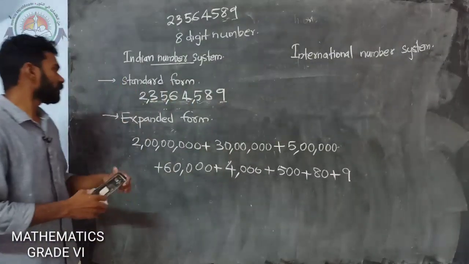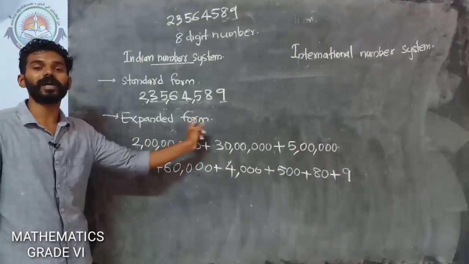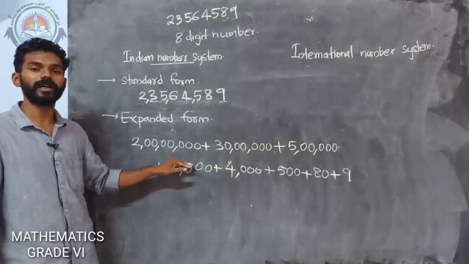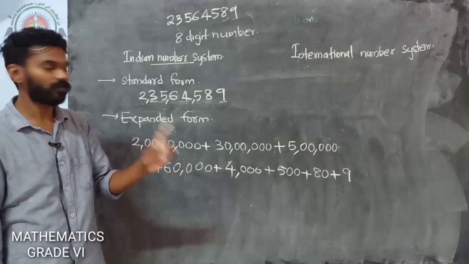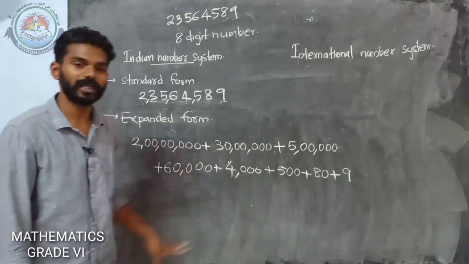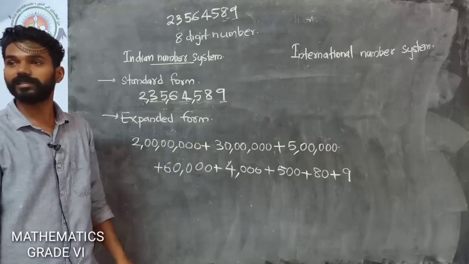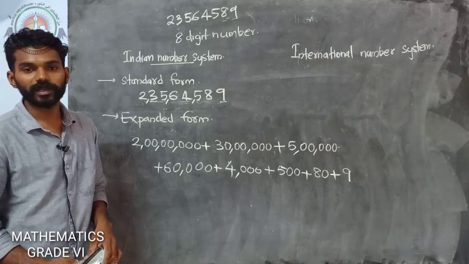So the number is written in its expanded form. This would be the expanded form of the given number. So in expanded form, don't forget to put the plus signs after considering the place value of each digit in the given number. I hope it is clear.